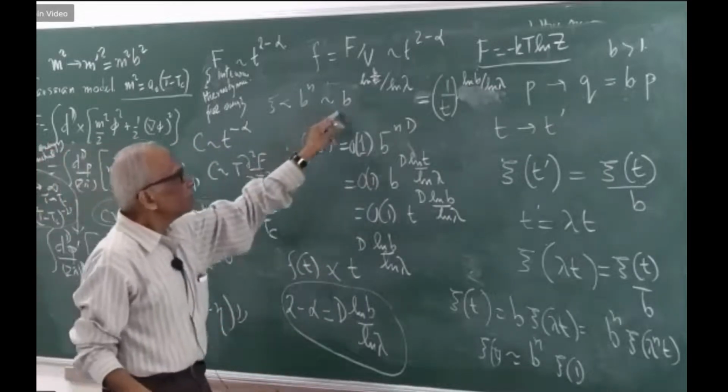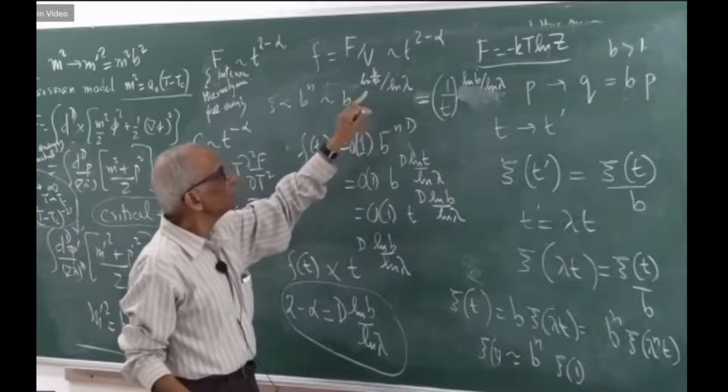If I take a log, it's log 1 over t by log lambda times log b.